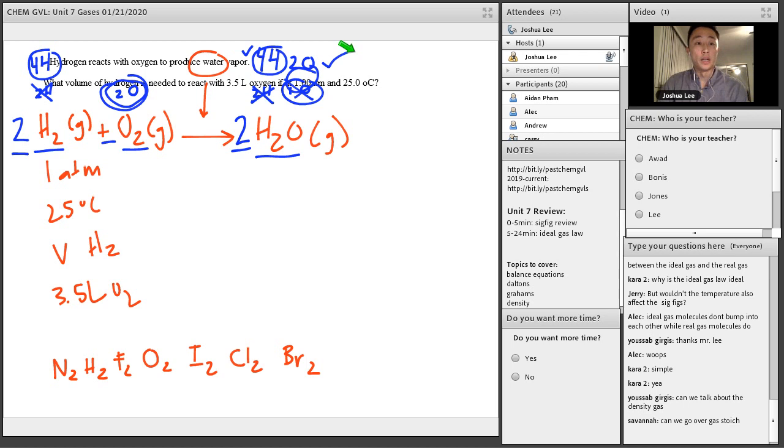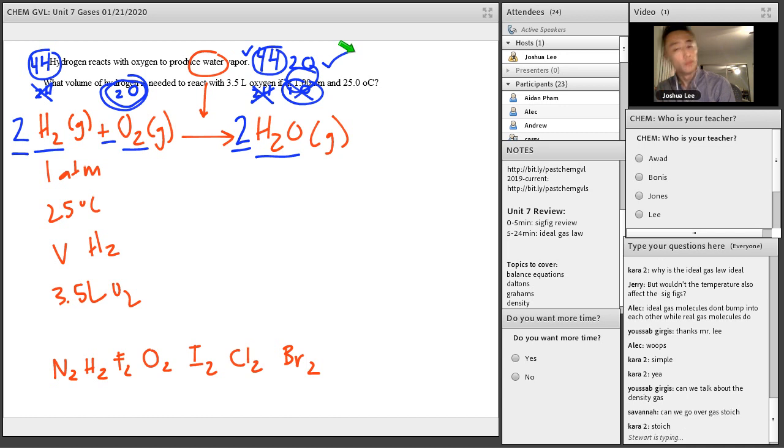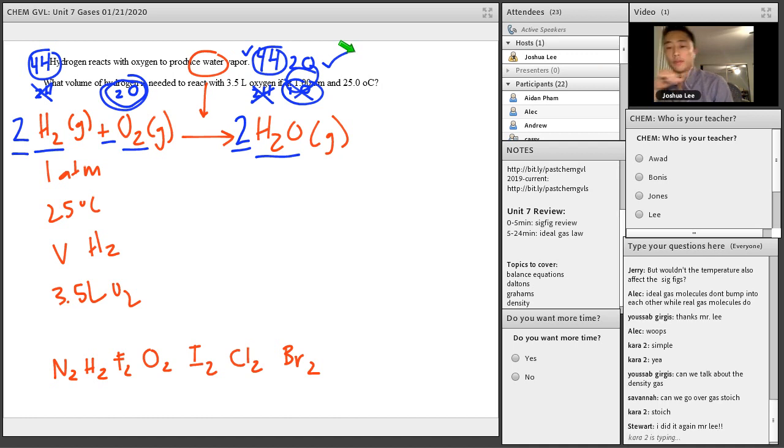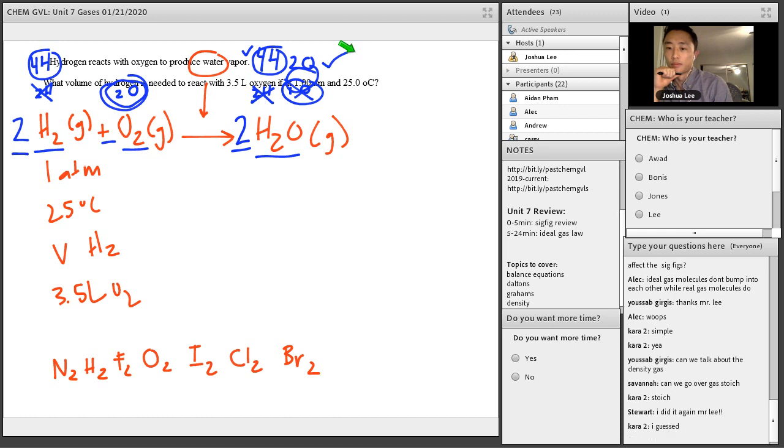At this point, since Kara's the one that asked, and Savannah's asking something similar, what type of gas problem would this be? How do you know it's stoich? Look at the chart we made.